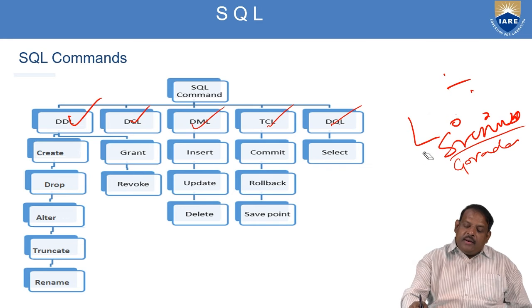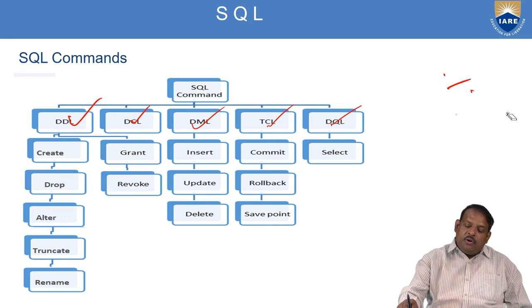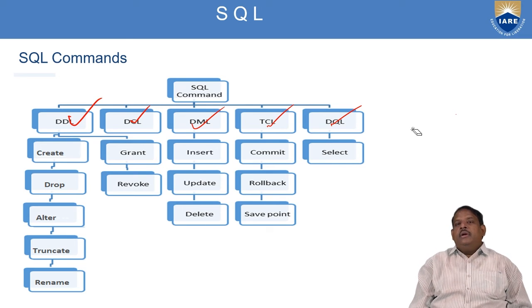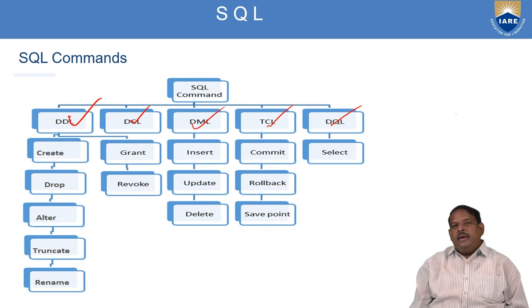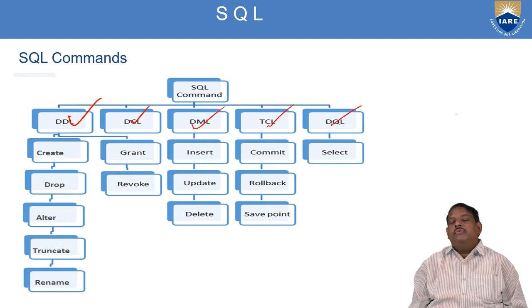After granting, suppose you want to remove those permissions, we have to use the revoke command. So the revoke command is used to remove the given permissions. Grant is to give rights to some user for some set of objects.